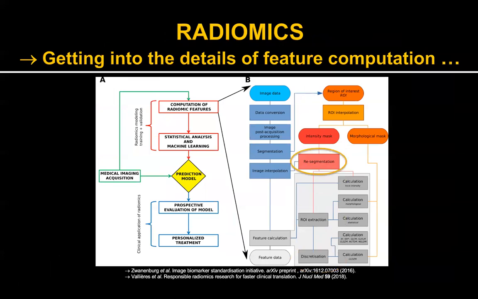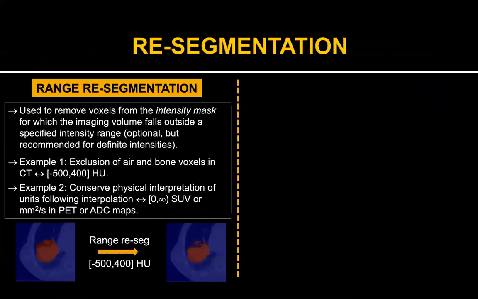Now we've also defined this resegmentation process, and again, a very important process. For example, in the case of CT imaging, let's say you have defined a first segmentation region of interest, defined by some expert or by some expert algorithm. The idea in this resegmentation process is to exclude intensities that would not be of interest for radiomics analysis.